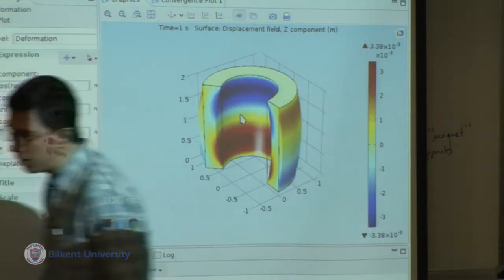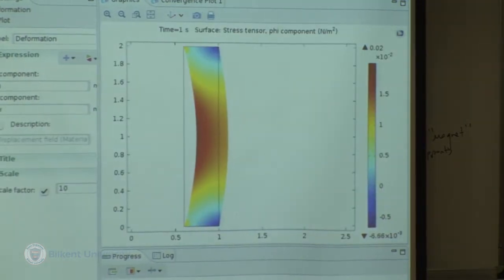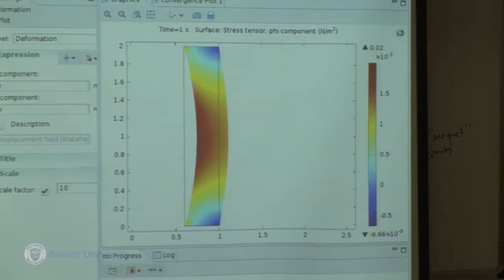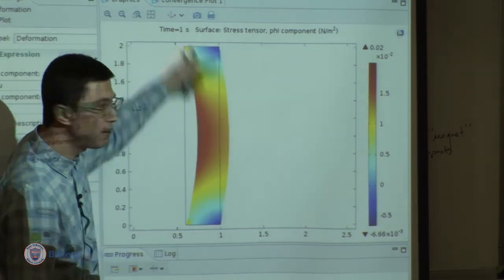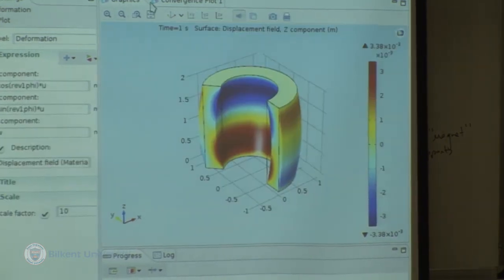And also, if you look at the tangential stress, eventually the tangential stress that we obtain will be a function of radial position only, because our solution is a function of radial position only. But here you see that the tangential stress varies along the axis as well. So also that is an effect of the end, right?